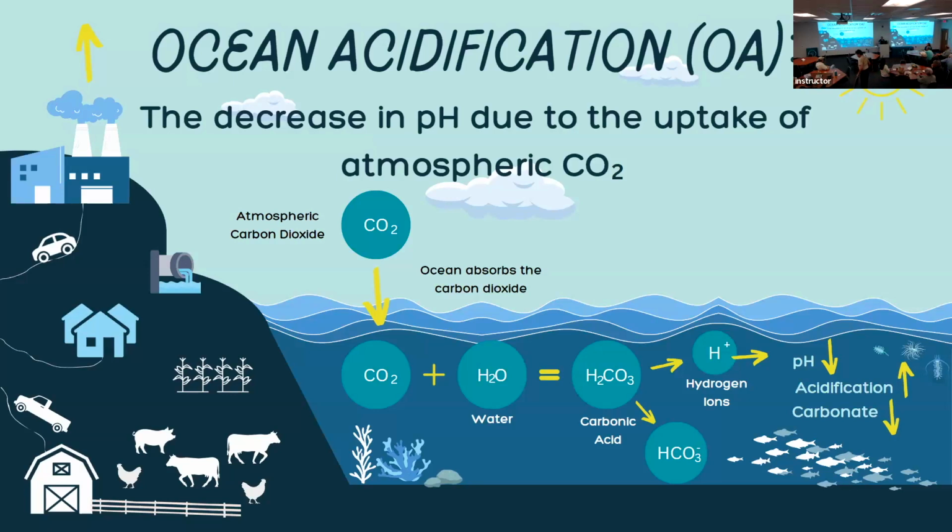So this excess of these ions is going to cause a decrease in pH, which is an increase in acidification, and it's going to cause a decrease in available carbonate. That's going to be important in the future that I'll talk to you about. So overall, this uptake of carbon dioxide is decreasing the pH in our water. It's making it more acidic, which is going to be detrimental to the water quality and our organisms that live there.